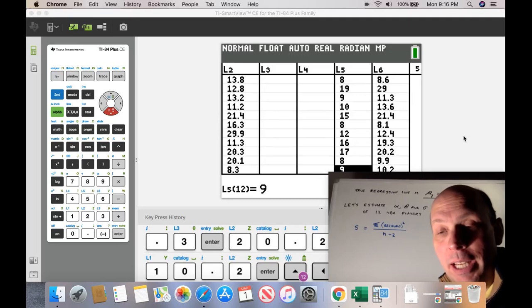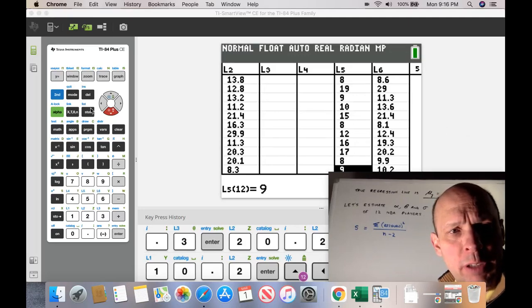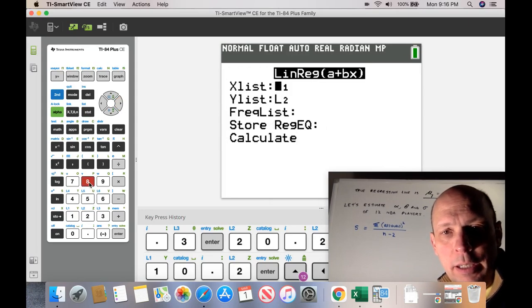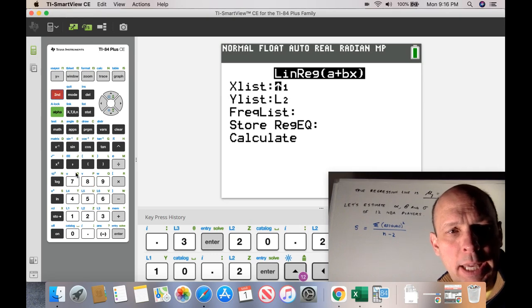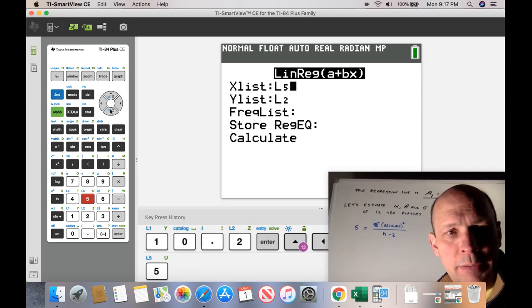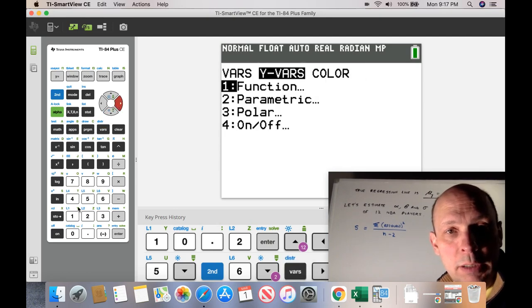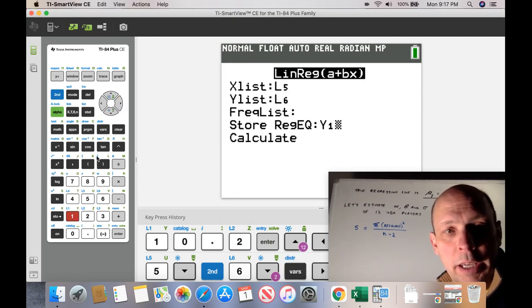Okay, so now that we have the data in L5 and L6, let's run the regression. We hit stat calculate, choice 8, and we have our X variable in L5 and our Y variable in L6. And we'll store the regression equation in Y1. Why not? And then we'll hit calculate.